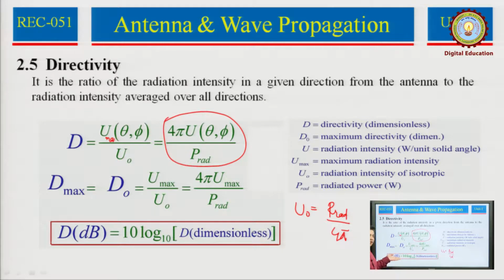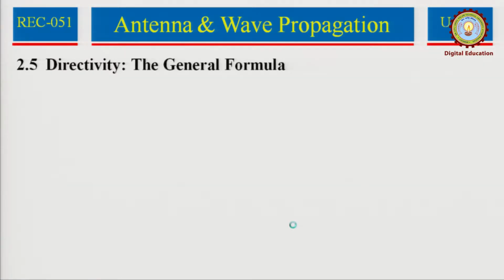Now, we can convert into decibel, 10 log 10 of this value. So, we get the directivity in decibel, and since it is intensity divided by intensity, it is a dimensionless quantity. Where D is directivity, D naught is maximum directivity, U is radiation intensity, power density per unit solid angle, U maximum is maximum radiation intensity, U naught is radiation intensity of isotropic source, and P radiation is radiated power by an antenna, unit is watt.